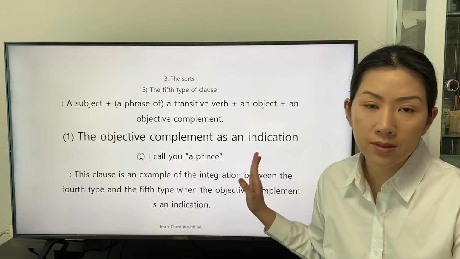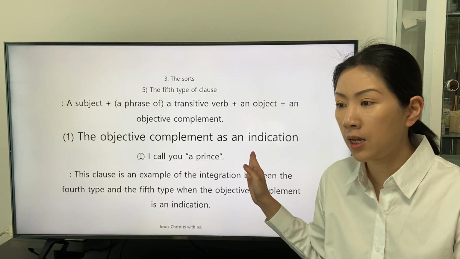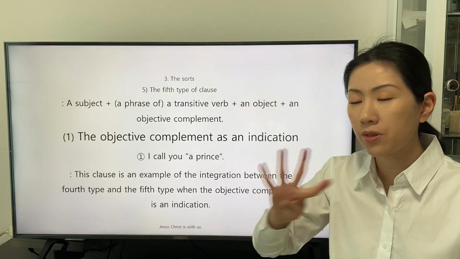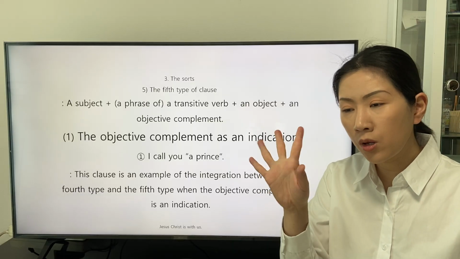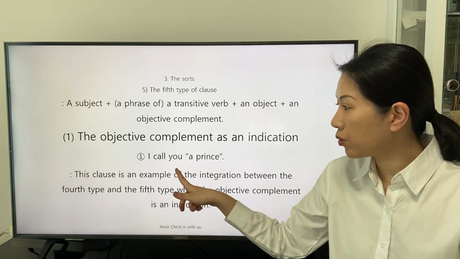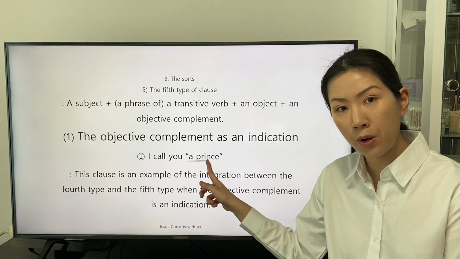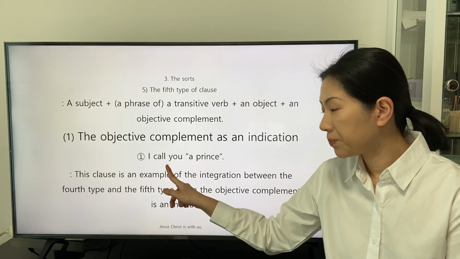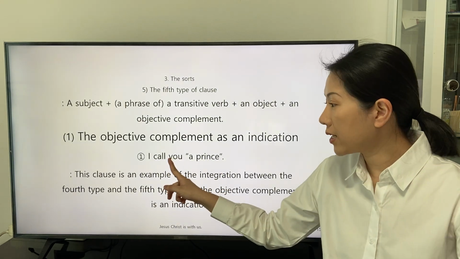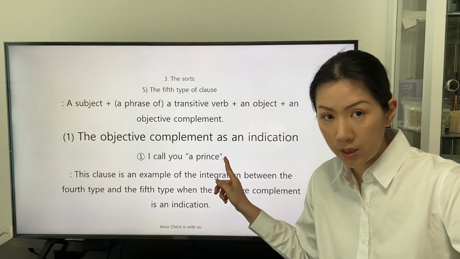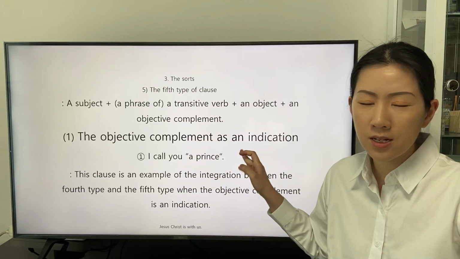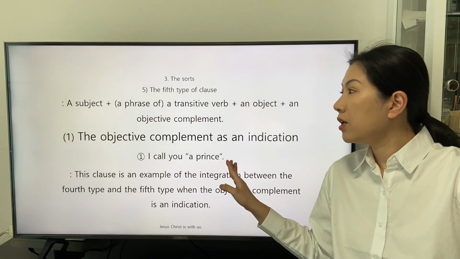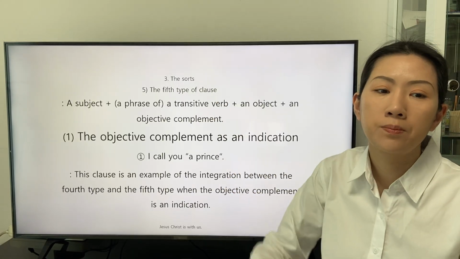So we can say that this clause can be analyzed as the 1st type of clause, but according to the relationship between the object and the objective complement to define the object, we can analyze this clause as the fifth type of clause.